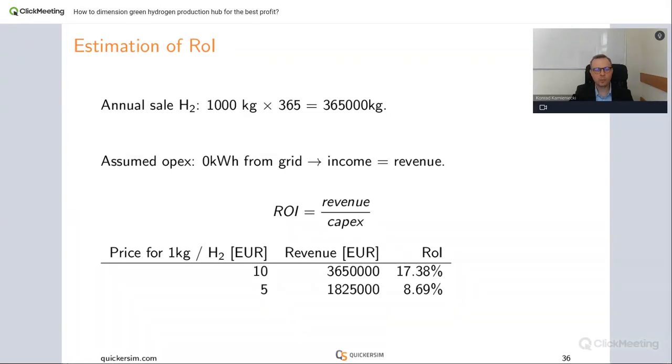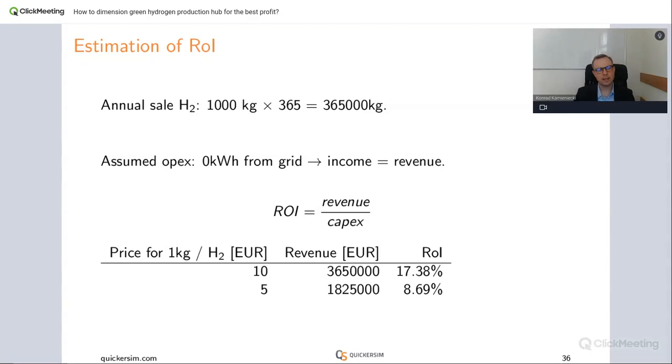I'm also an optimist, so I assume that my renewables provide power for my electrolyzer all the time, so I do not have to buy any power from the grid, so my opex at this time is 0. So I can easily calculate how much I will earn and what my return on investment will be. So if I assume a price of hydrogen of 10 euro, return on investment will be 17% more or less.